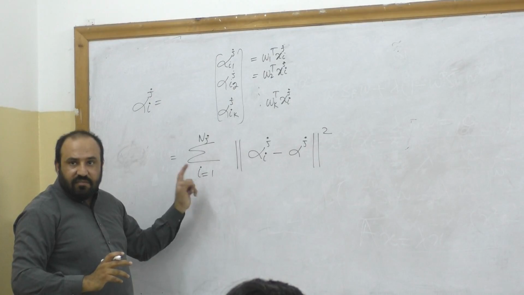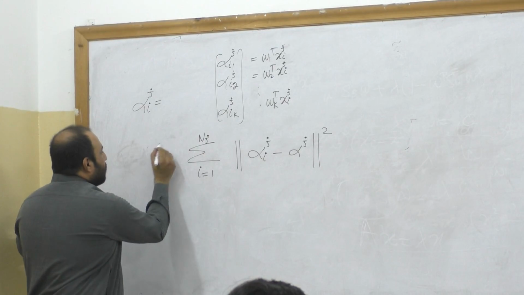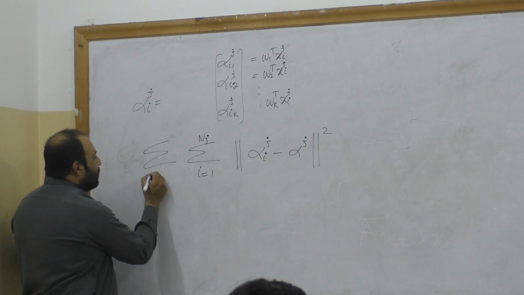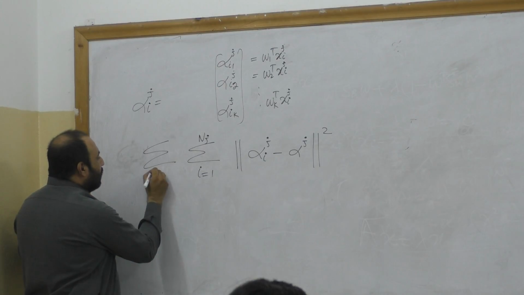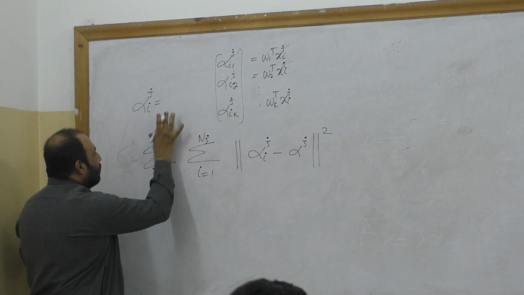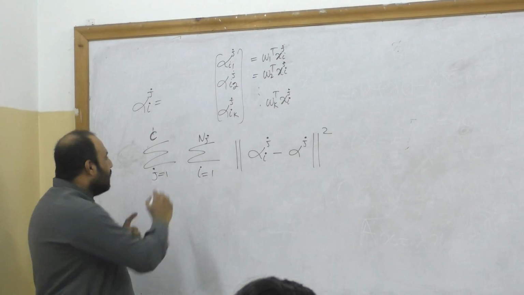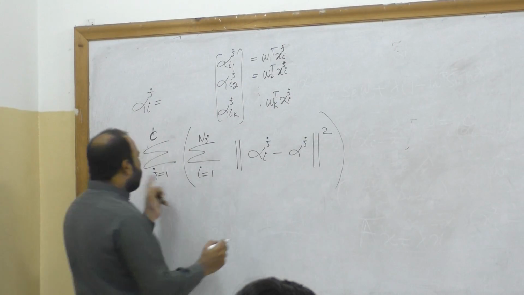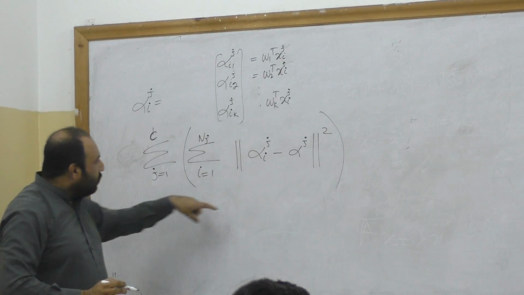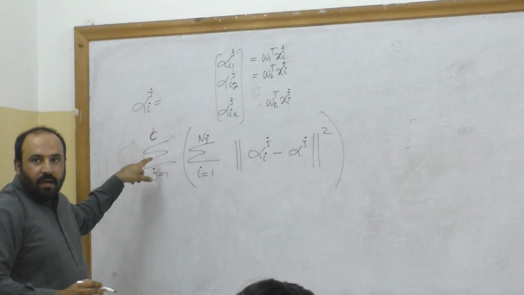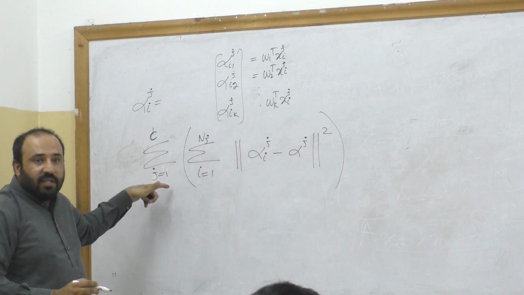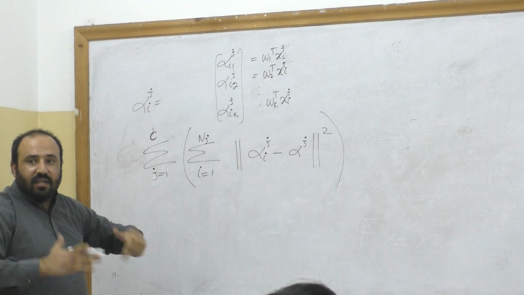And the total variance is simply the sum as j varies from 1 to c, the total number of classes. That's the total variance. This is the variance of class j, this is the total variance, and we want to minimize the within class variance.